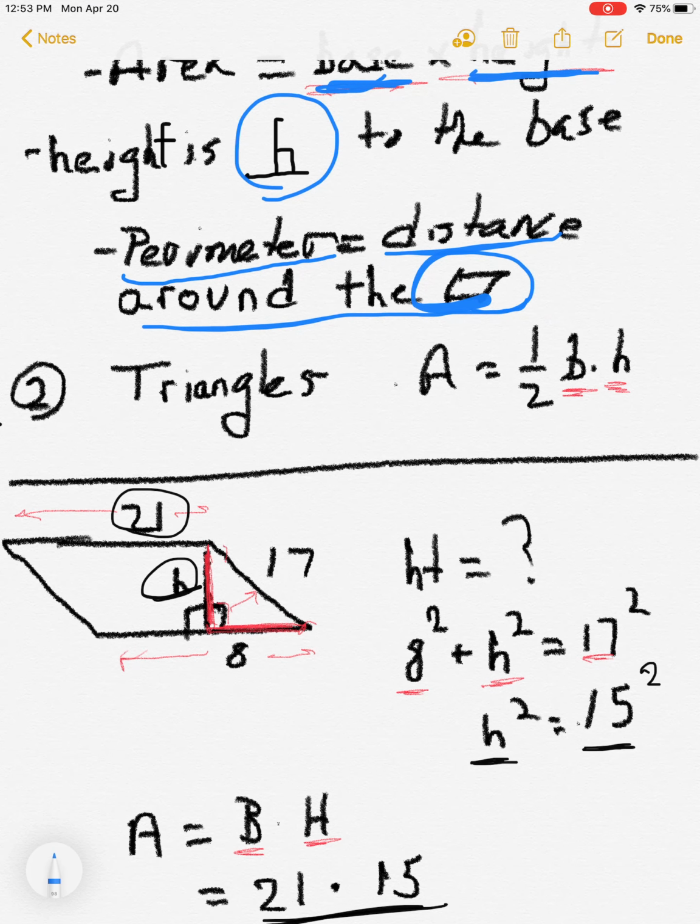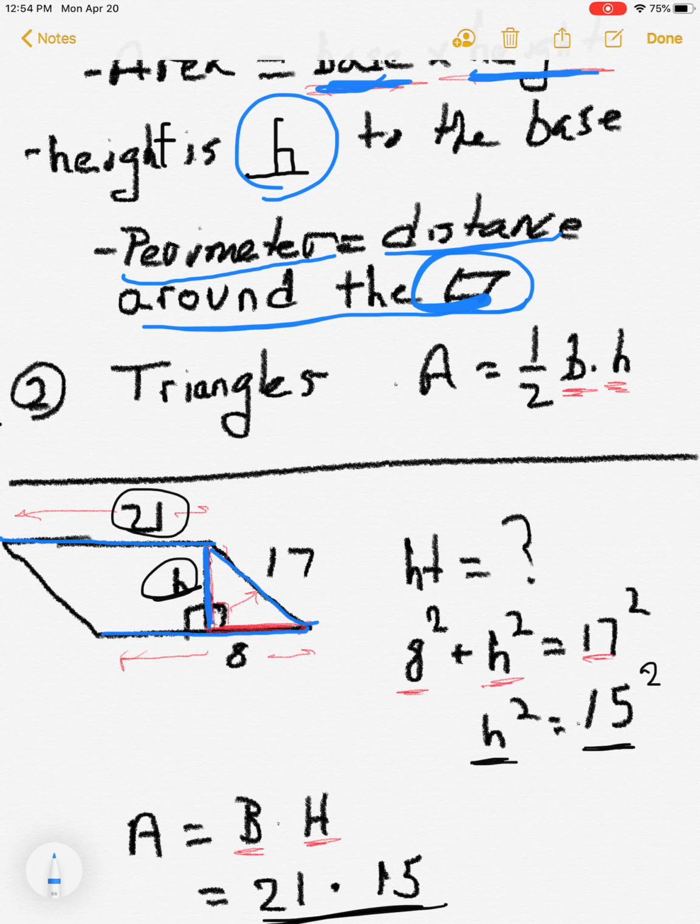Let's imagine I have a parallelogram in which the top and bottom have a length of 21 from left to right, and that the slant height is 17. If we're going to find area, the area is base times height. Notice we do not have the real dimension here, height, h.